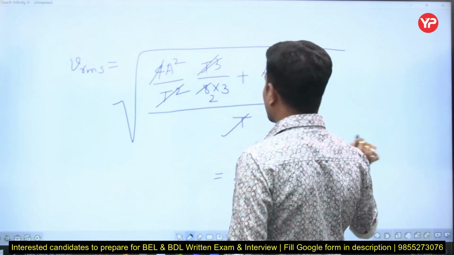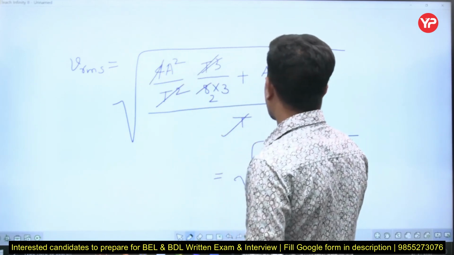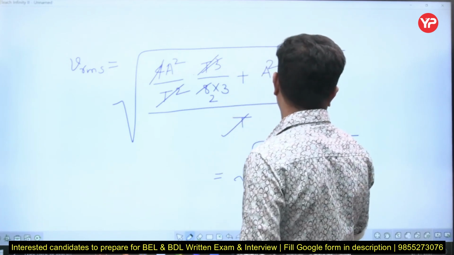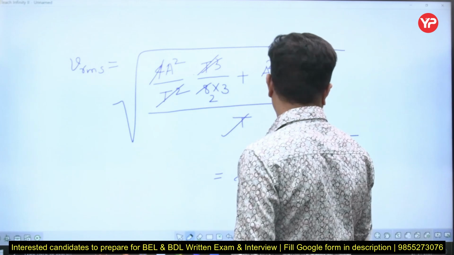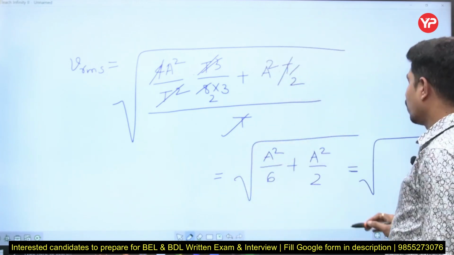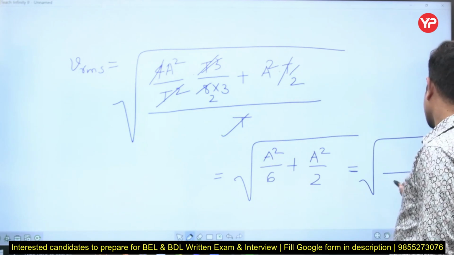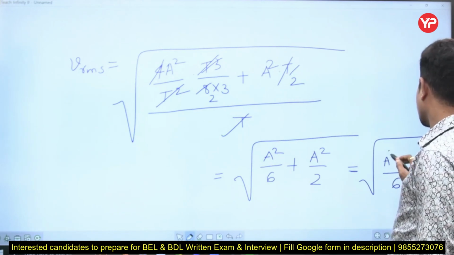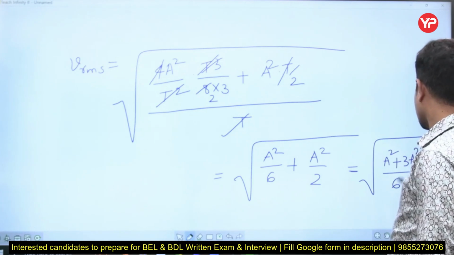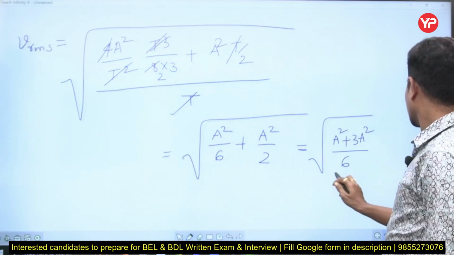So from that, root of A square by, I am left with 6 here and I am left with 2 here. So that is equal to under root of, denominator is 6, this is 3A square, right? 3A square.